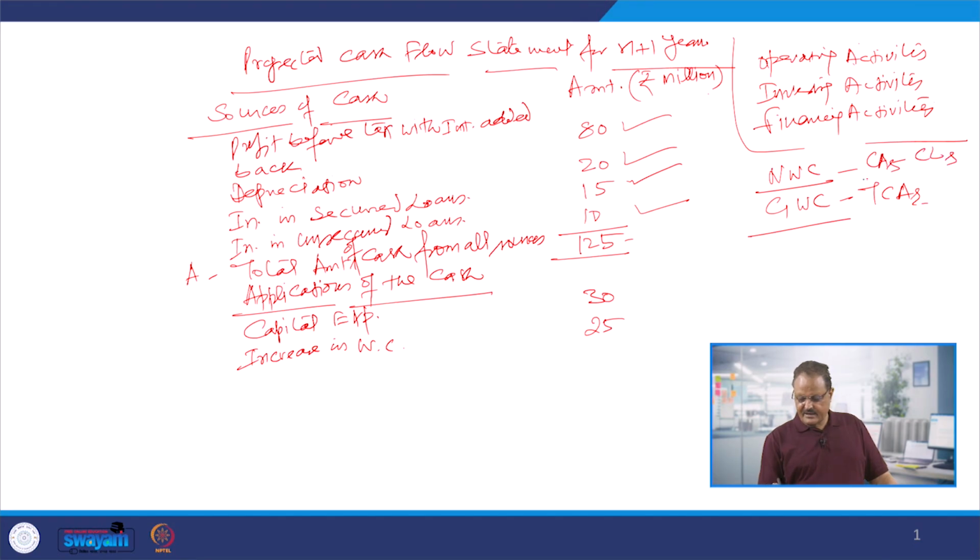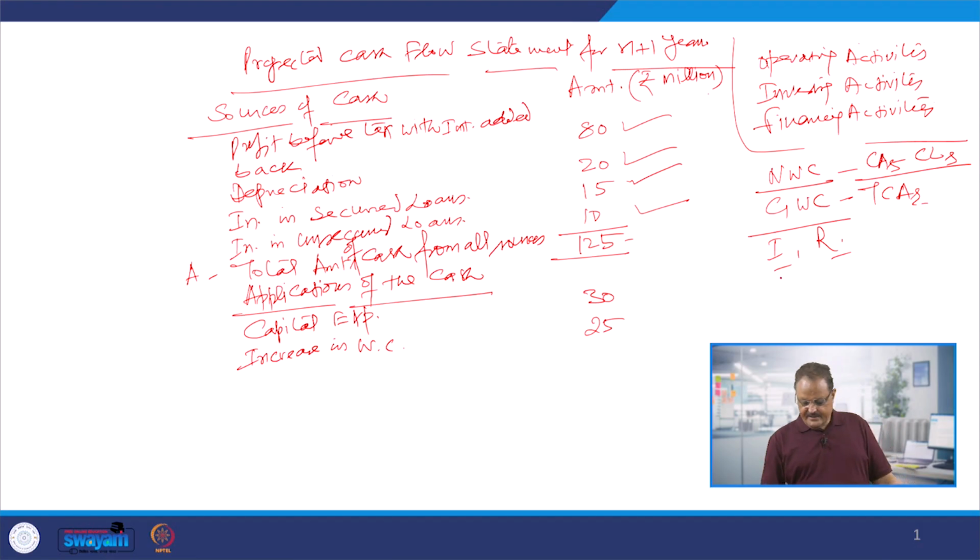We are writing here the increase in working capital because your two current assets, one is the inventory and the second is the receivables, or you call it the sundry debtors. Both are components of the gross current assets.